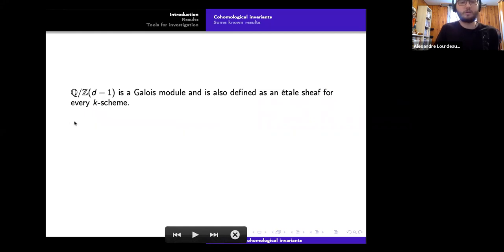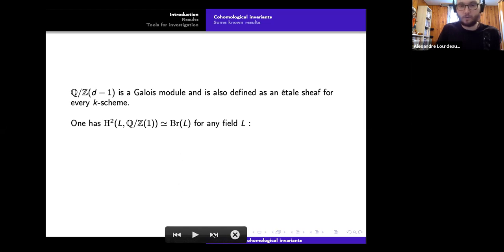So Q/Z(d-1) is a Galois module here for little k, and it is also defined as an étale sheaf for every k-scheme. And one has a particular case of that: for a field L, H^2(L, Q/Z(1)) is canonically isomorphic to the Brauer group of the field.